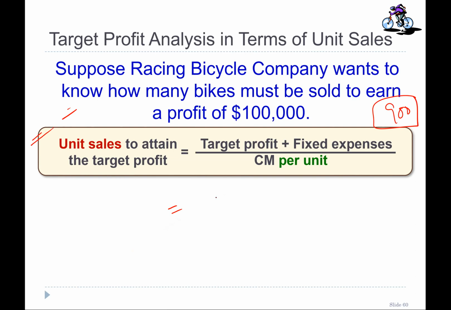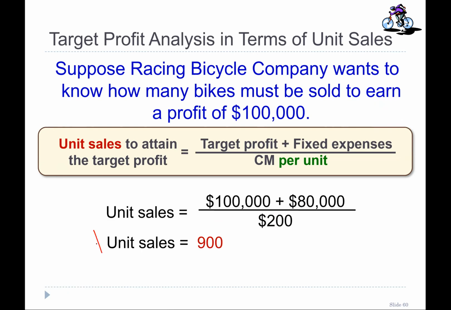Let's talk about this. Target profit, we want to earn 100,000, fixed cost is 80,000, and CM is 200. We find out that it is 900, right? If you want to find out the dollar sales, the formula can also be changed here.